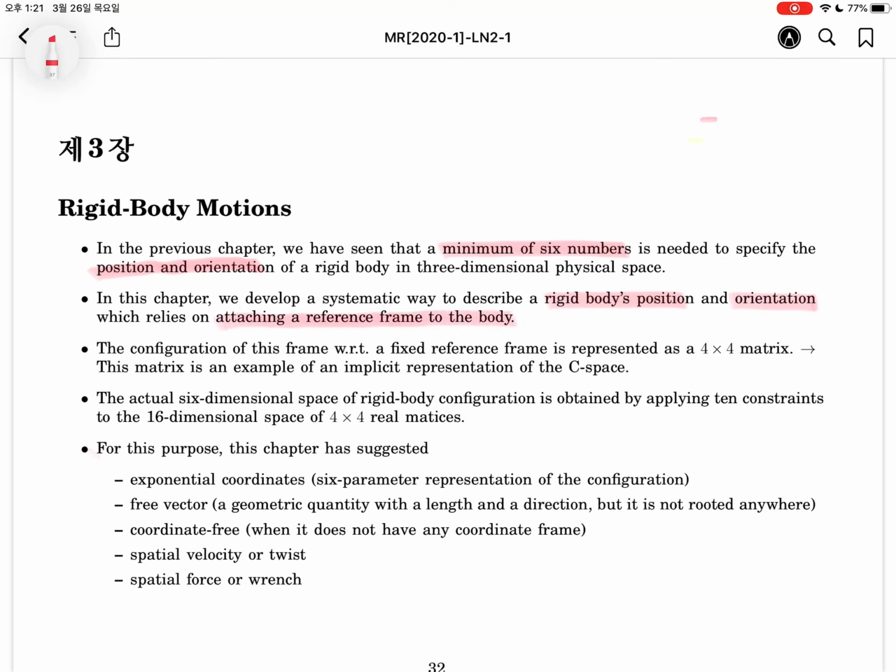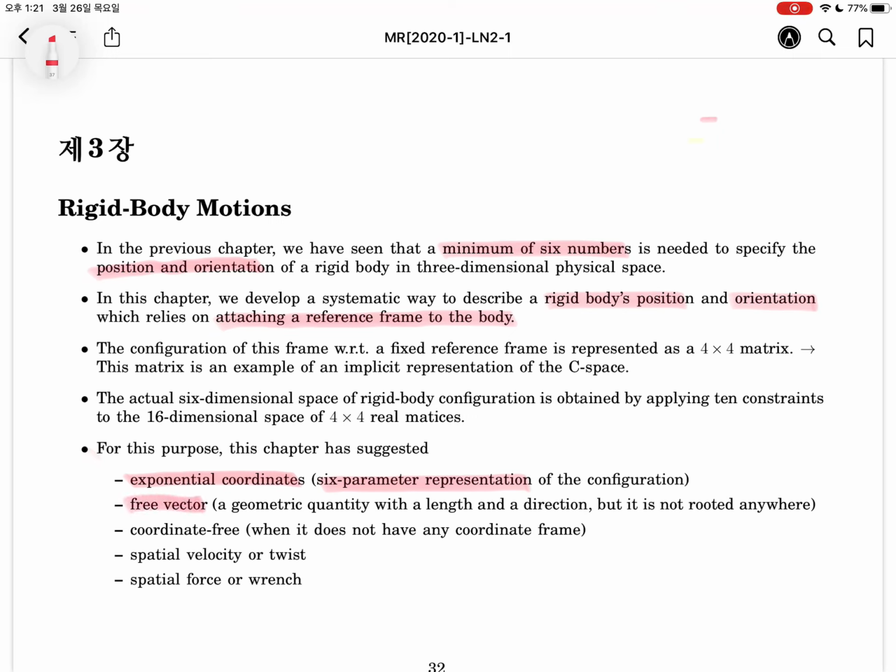As you saw in the previous lectures, a 6-parameter representation is required to describe the rigid body motion. So it will be defined as an exponential coordinate in this chapter. And a free vector will be defined as a geometric quantity with length and direction.